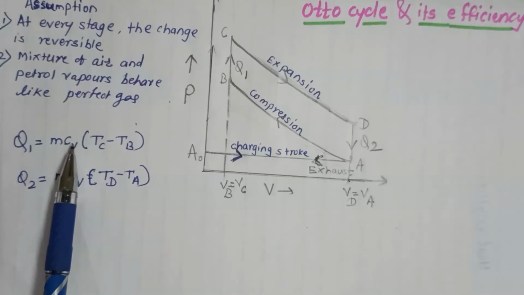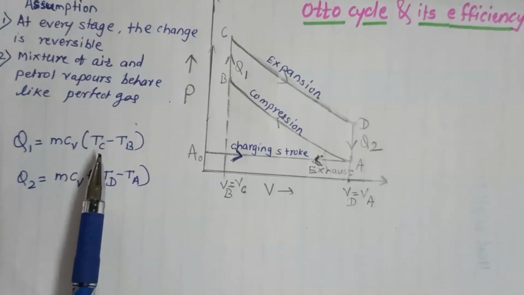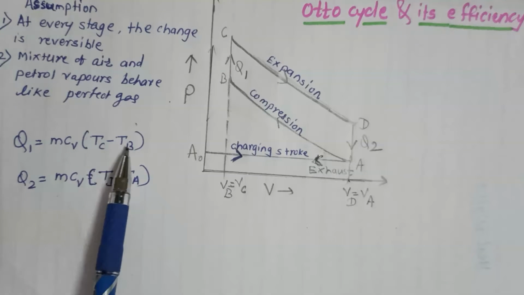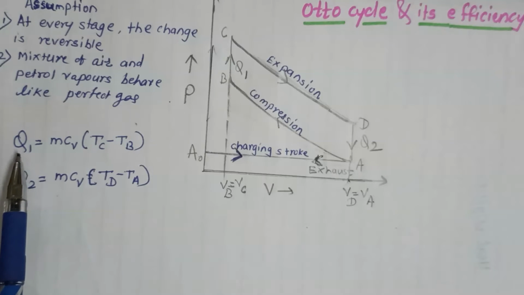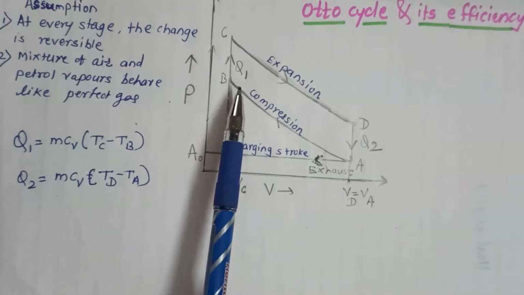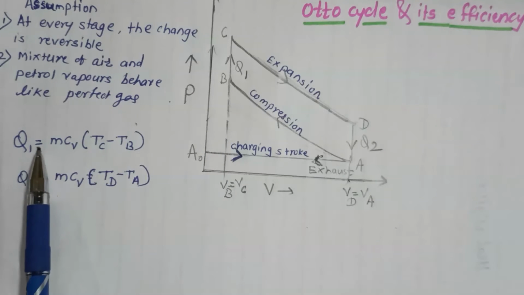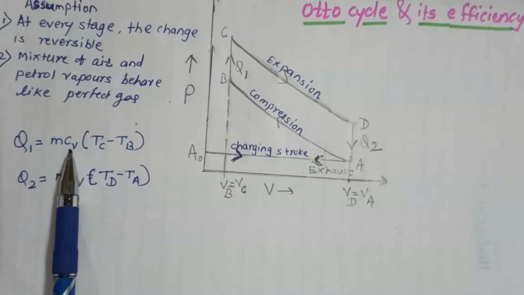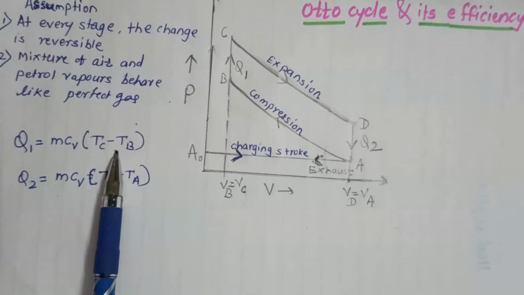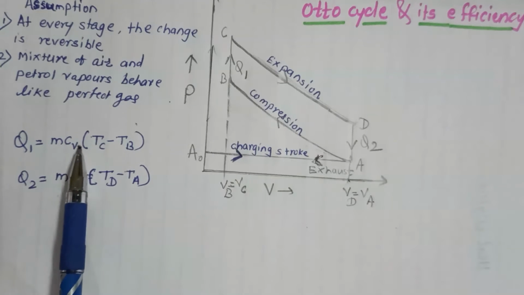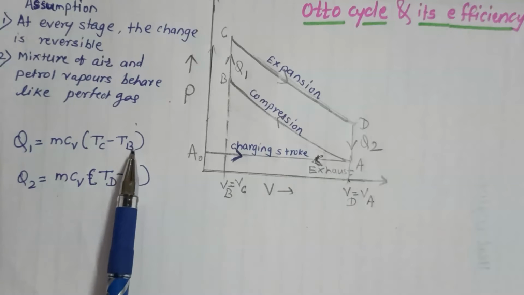Here Cv is specific heat at constant volume and Tc minus Tb the rise in temperature. The amount of heat produced along BC line is equal to mass into specific heat into rise in temperature, that is mCv (Tc minus Tb).